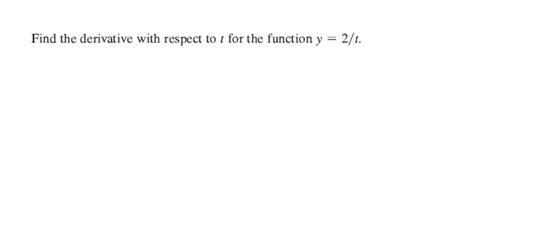Now, because they said y, my derivative will be y prime or dy/dt, the derivative of y with respect to t, because that's the variable that's on the other side. Okay, I like y prime though. And fun fact, you could say y prime of t, right?